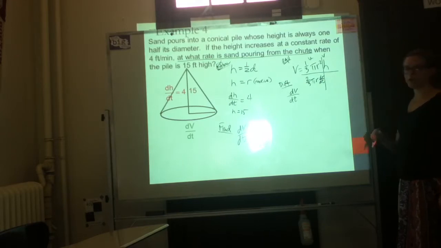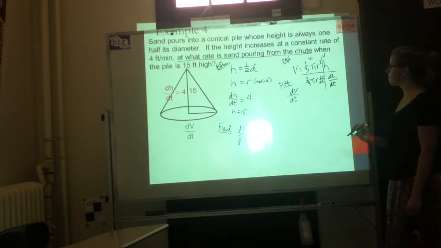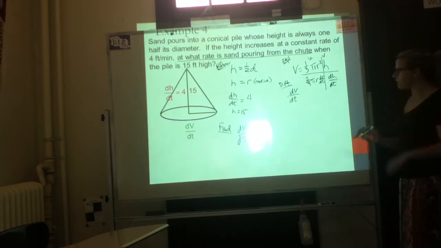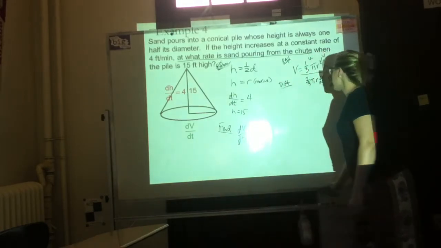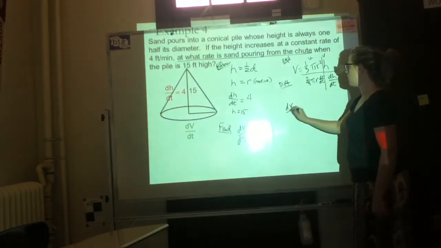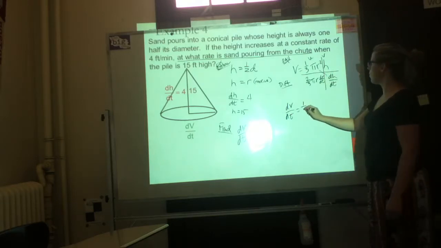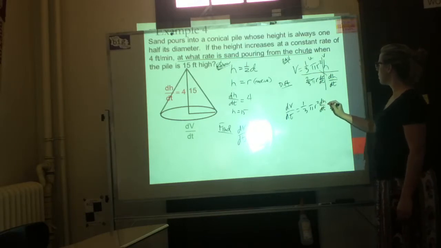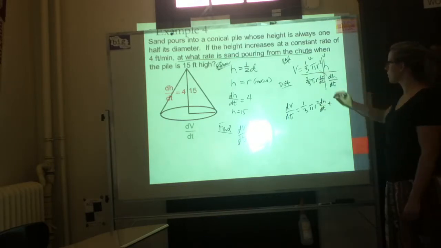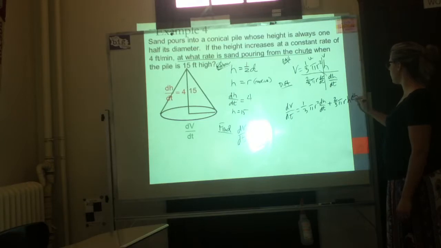Go ahead and take the derivative of h, dh/dt. Now my dv/dt, I'm going to write this a little bit lower to give us some space. So now my derivative, dv/dt equals, what? 1/3 pi r squared dh/dt plus, those multiply together, 2/3 pi r h dh/dt.